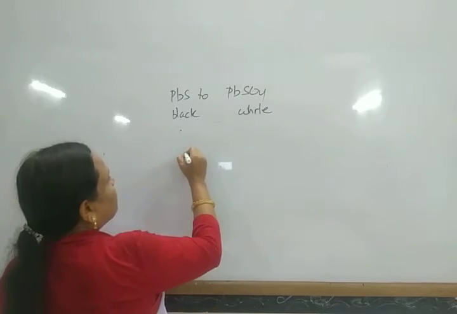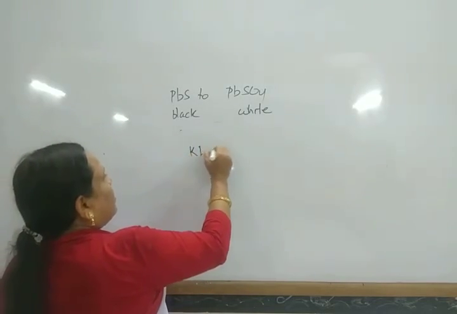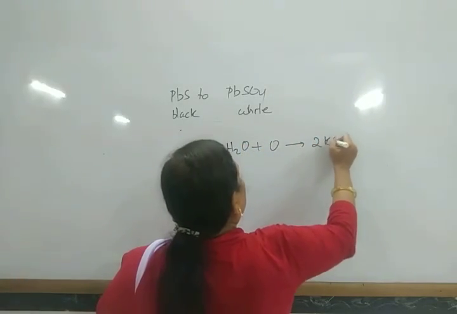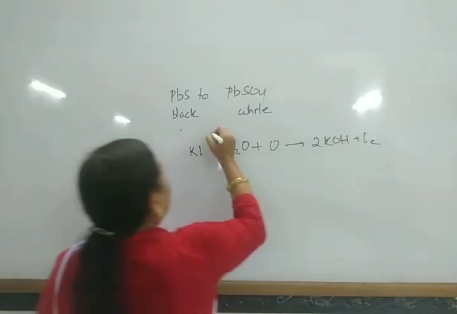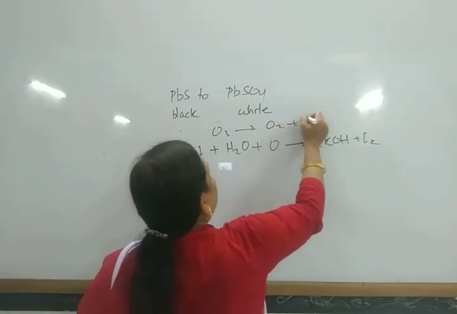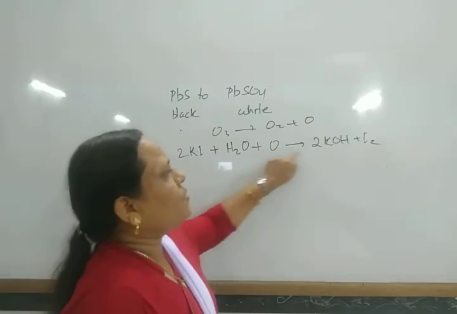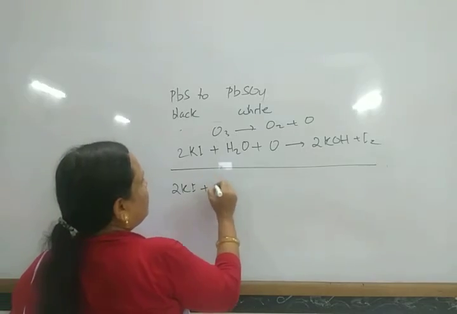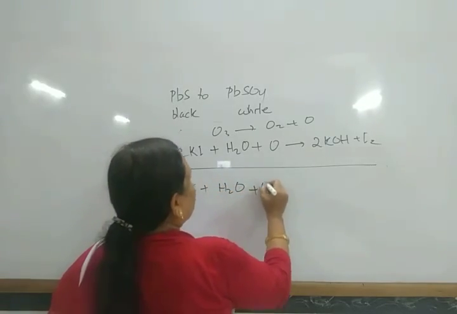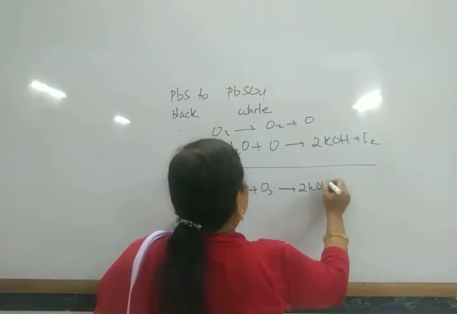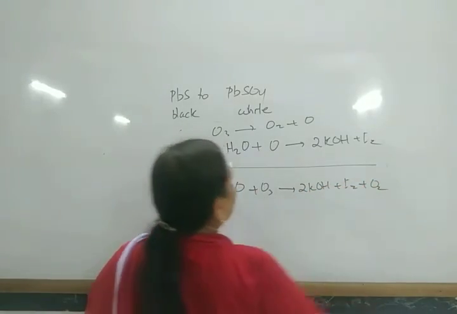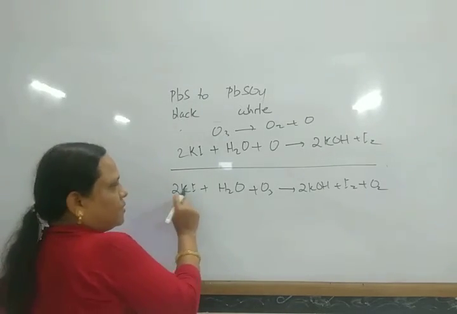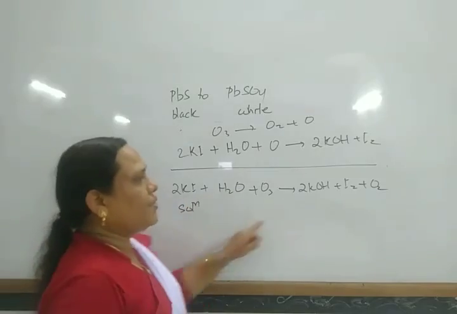That is, ozone gives O2 plus O. So 2KI plus H2O plus O3 give rise to 2KOH plus I2 plus O2. Okay. It oxidizes potassium iodide solution to iodine.